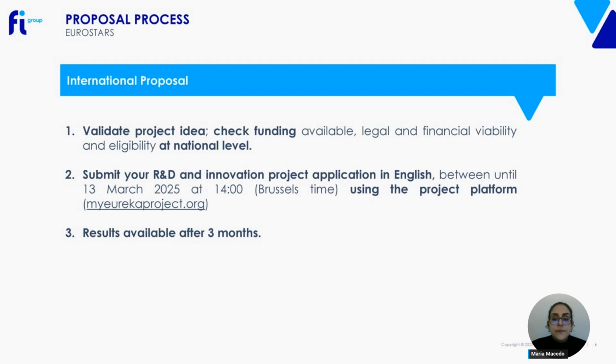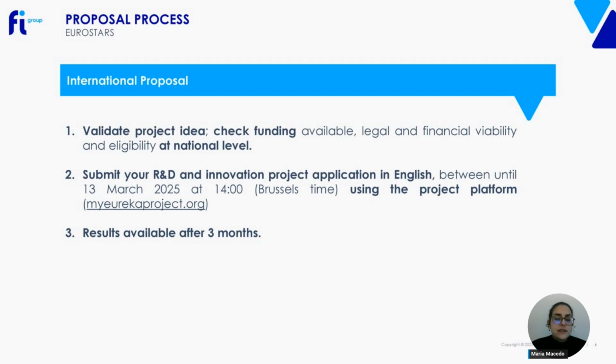And this first step consists of submitting an electronic submission of a collaborative proposal written in English on the Eureka program platform, which you can see there on the slide. Of course, if you want to take advantage of the current call, which is open, you would have until the 13th of March, and you could start preparing the proposal already.